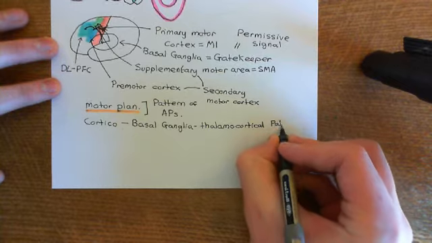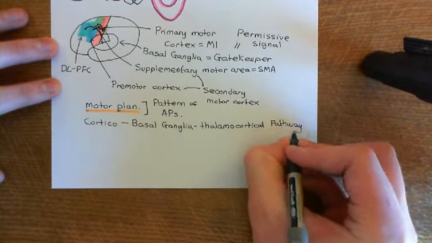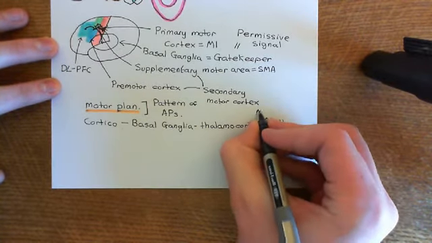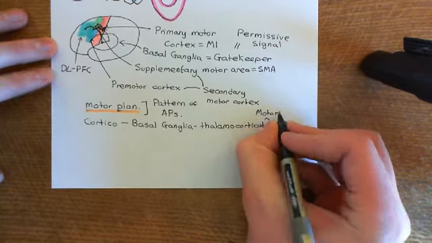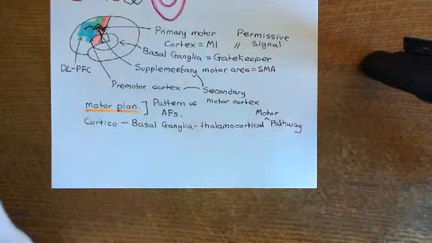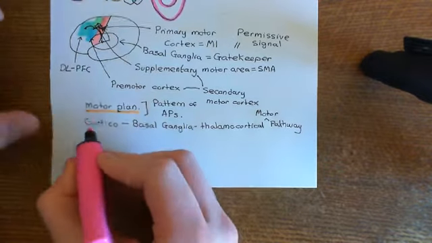Some people will put in the word motor to highlight that it's a motor pathway. So the cortico-basal ganglia thalamocortical motor pathway, that's what we're about to study.